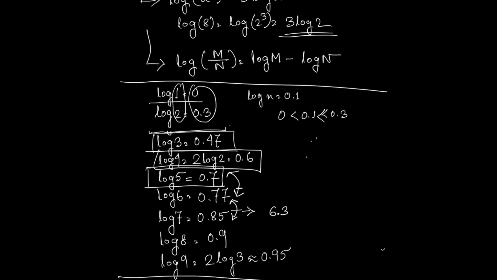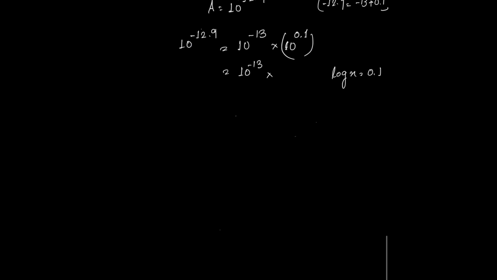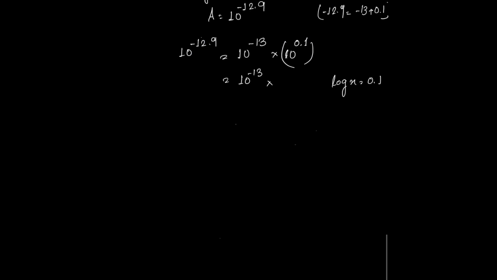So we can say that x would be somewhere between 1 and 2 and mostly nearer towards 1. So let's take x as 1.2. This we have to take subconsciously or with a bit of triggering our brain. So we can write it as 1.2, and the answer would be 1.2 into 10 to the power minus 13.